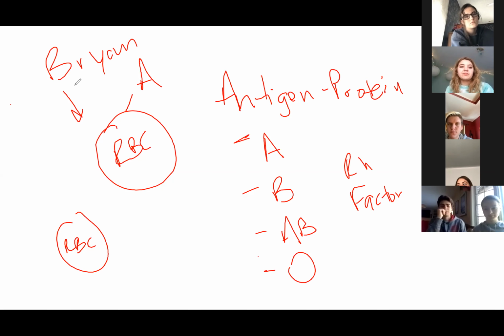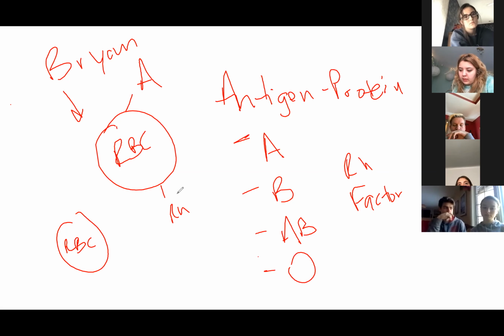But really, everything in my life is an A plus because I have the Rh factor. So that means that I can receive blood that either has or does not have the Rh factor, because blood that does not have the Rh factor, my body won't recognize as foreign.